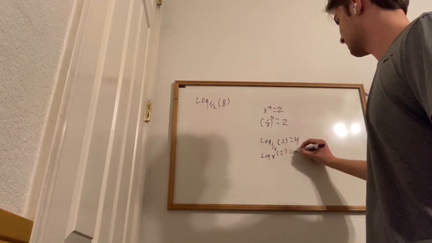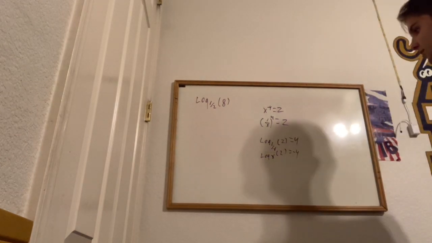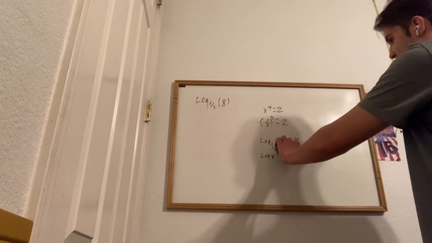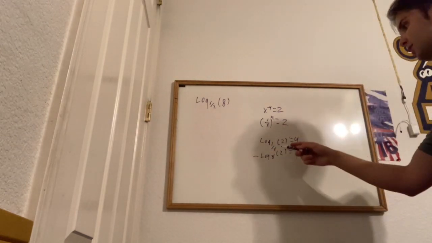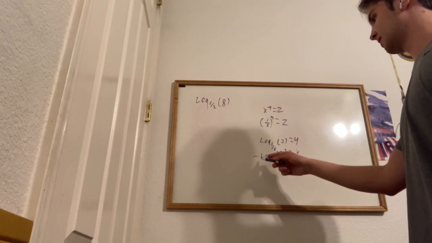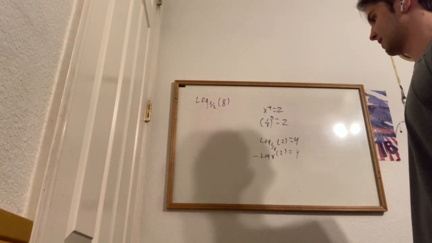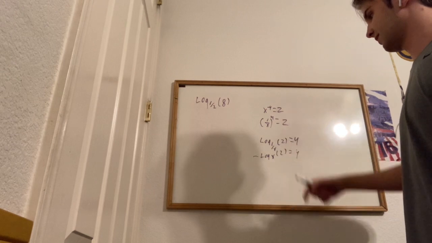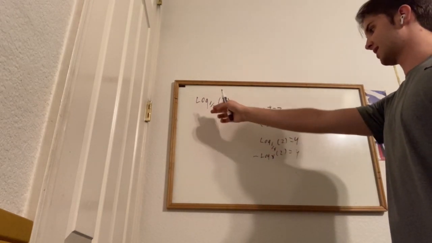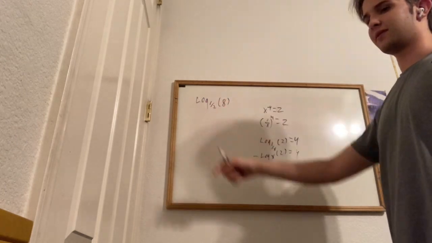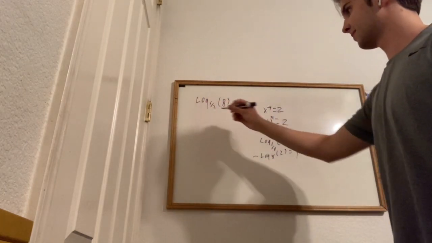That's going to give you negative y. You can multiply both sides by -1, and you'll get log base 1 over x of z equals y, and negative log base x of z also equals y. So these two are equivalent. So you can actually just reciprocate this and then add a negative, and you'll get the same answer.